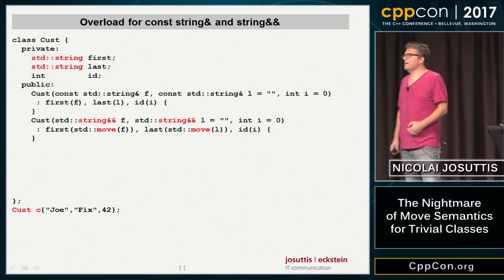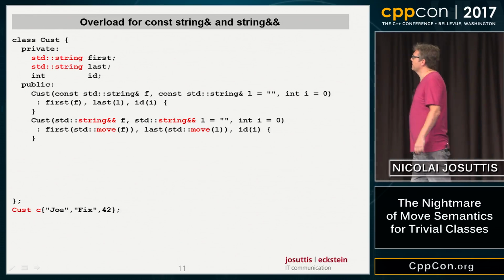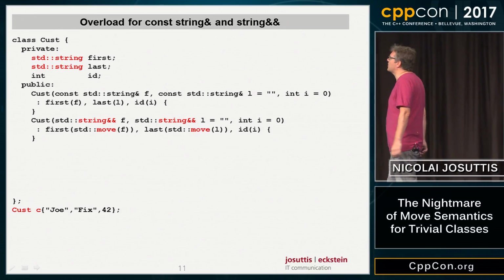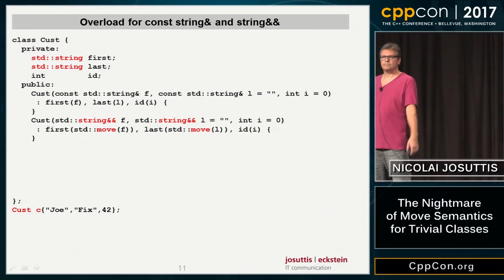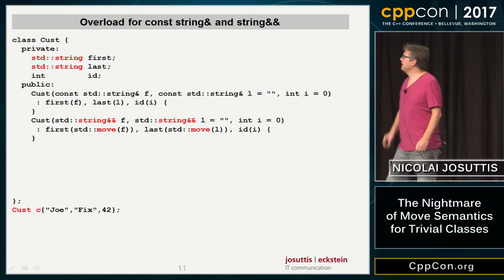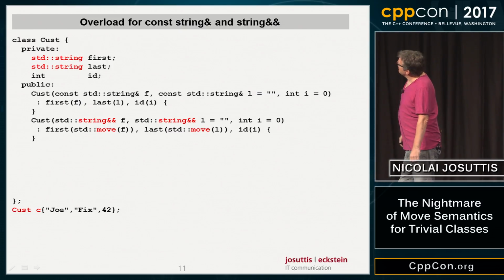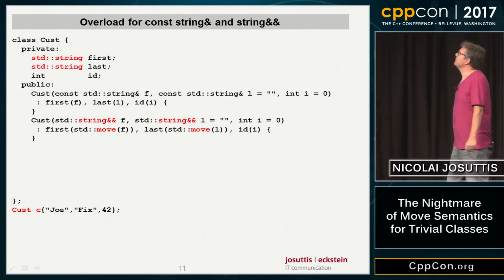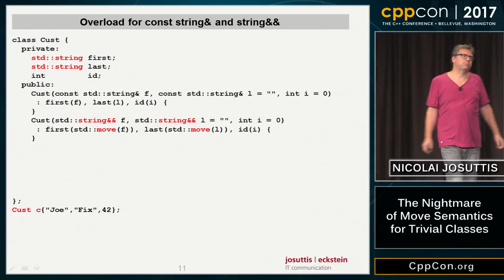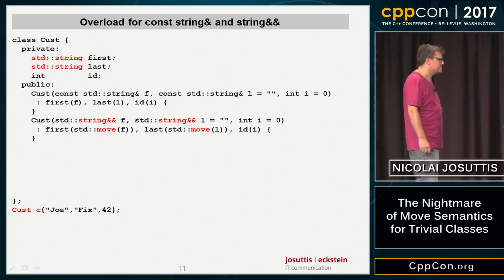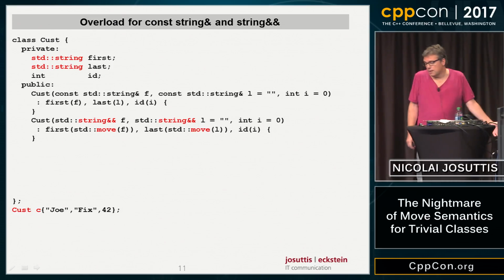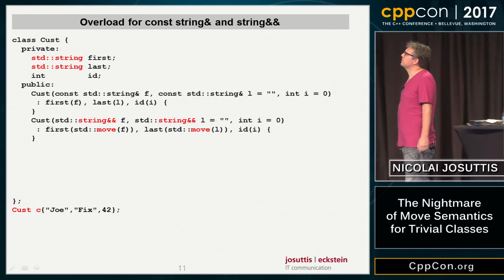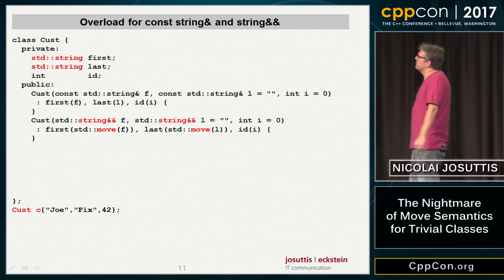Overload for an R-value reference. So use move semantics in the constructor. OK, let's do that. Let's overload for a constant L-value reference for all the places where we don't need move semantics, and let's use an R-value reference for move semantics.